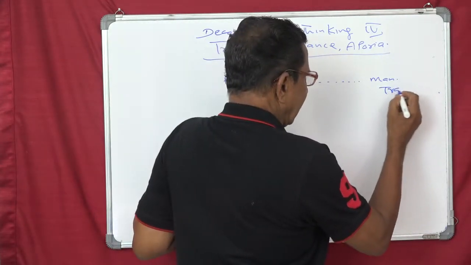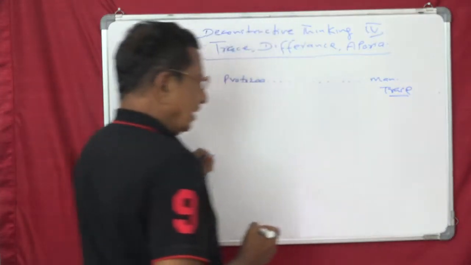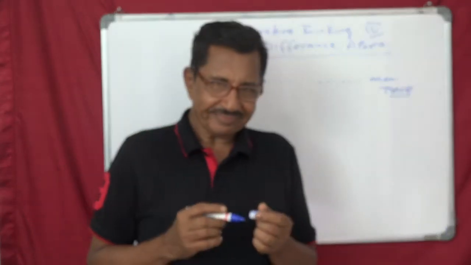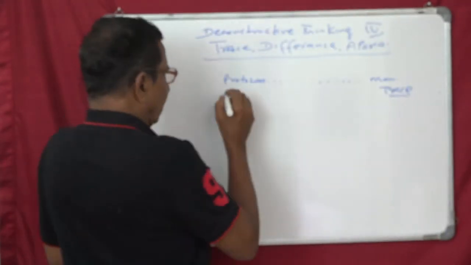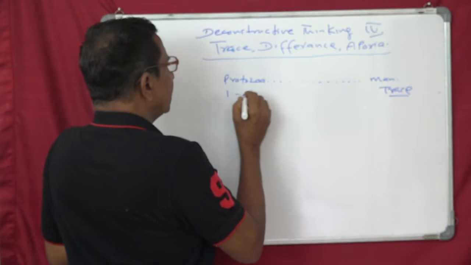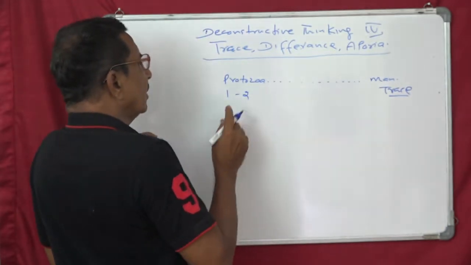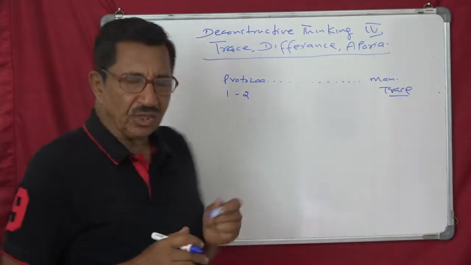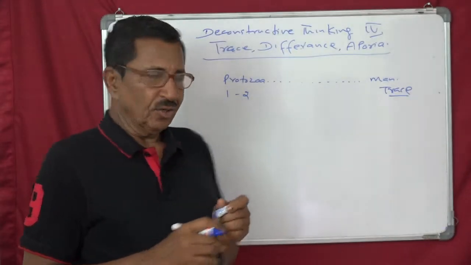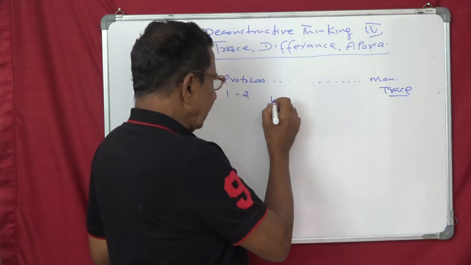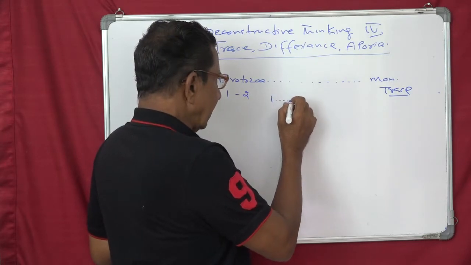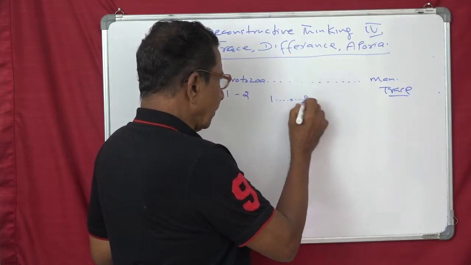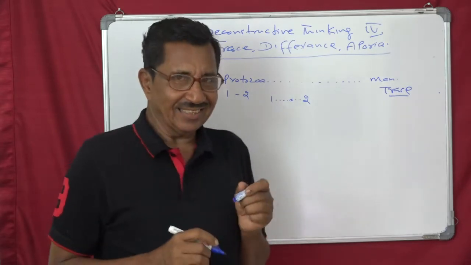I will tell you one more example. Trace means, see, if you take the figures 1, 2. That means 1 and 2 are not absolutes. You start from 1 and in the middle you come here and continue to 2.